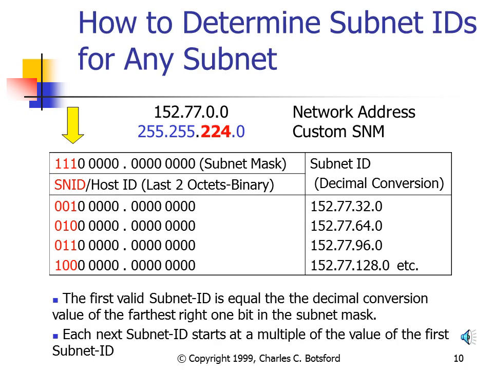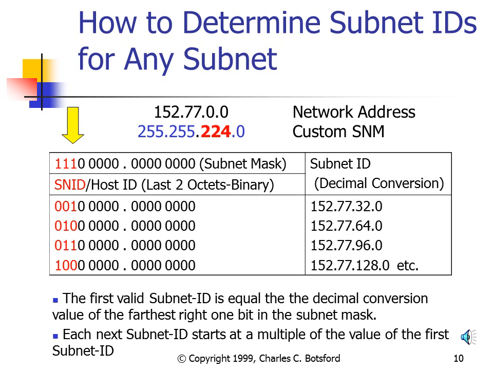There is a short way to determine the subnet IDs for any custom subnet mask. Again, in this situation, we're going to use the subnet mask of 255.255.224.0. We're going to focus on the subnet ID portion, or the custom portion of the subnet mask, the 224. When we convert that to binary, that octet becomes 3 ones and 5 zeros.